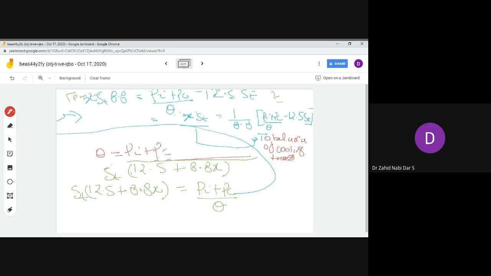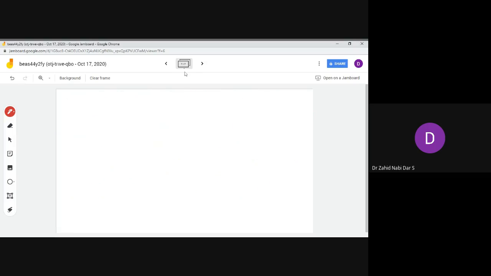So from this particular slide, you can now write the number of cooling tubes is equal to the total area of cooling tubes divided by the area of one cooling tube.